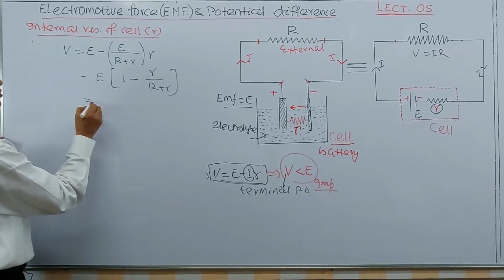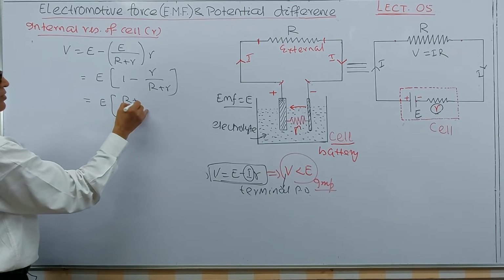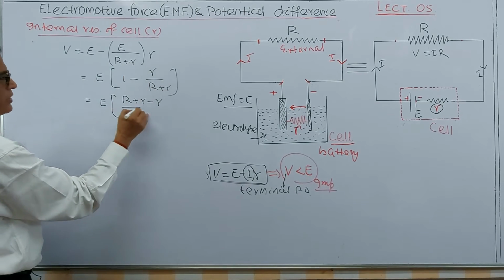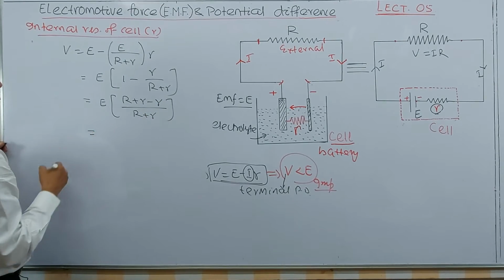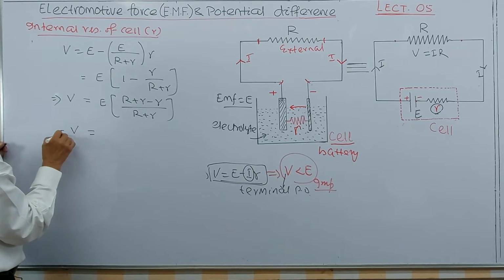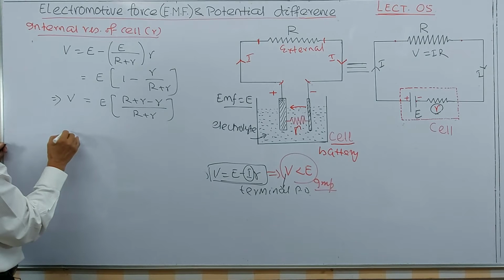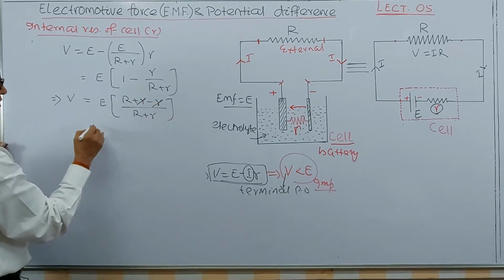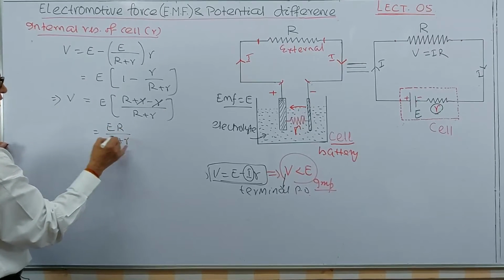Now this equals E bracketed (R plus r minus r), divided by (R plus r). This cancels out, you can see, that is V equals ER upon (R plus r).